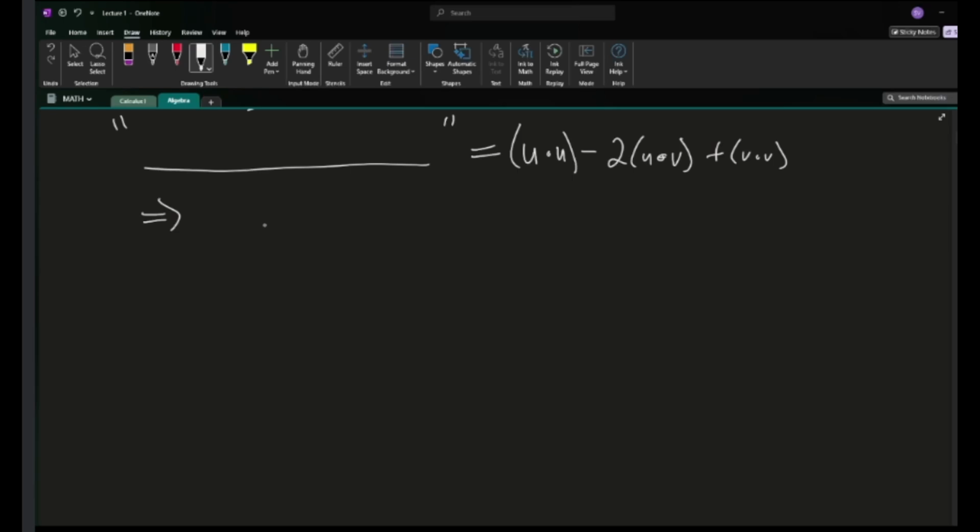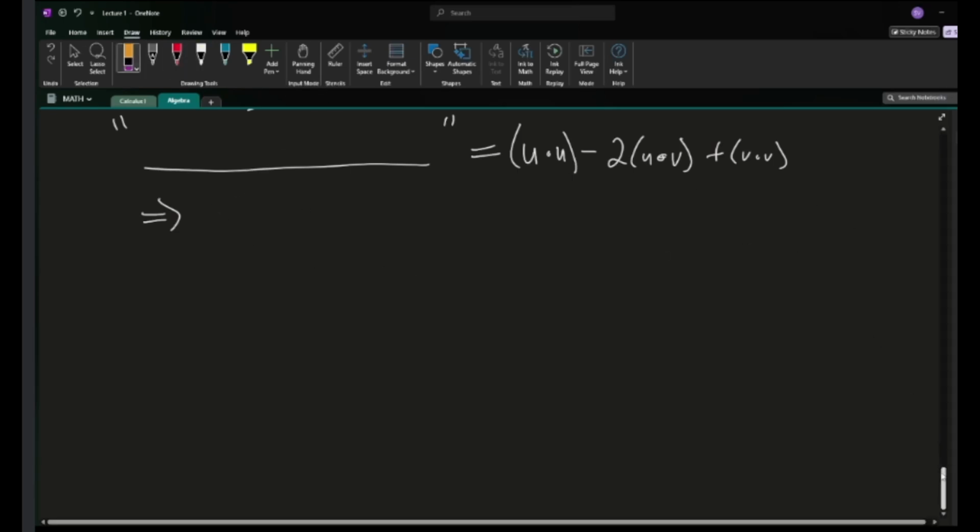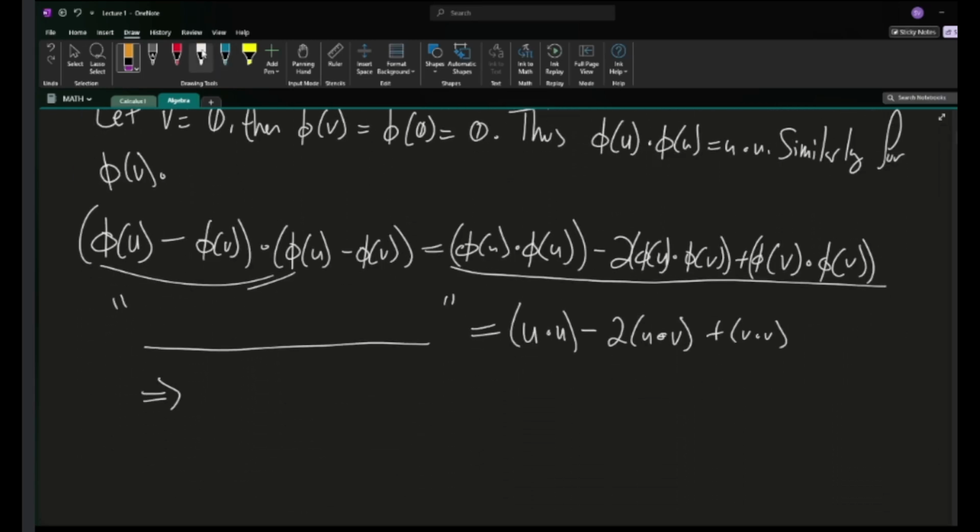which implies that we could take out these products here. Probably should have actually written down this equation. So I'm going to undo that.